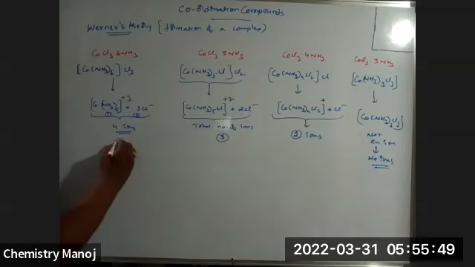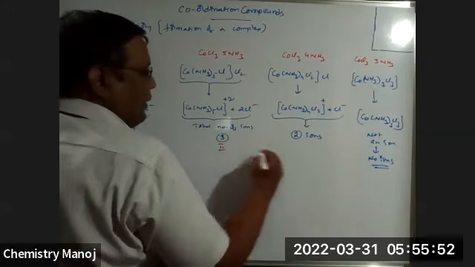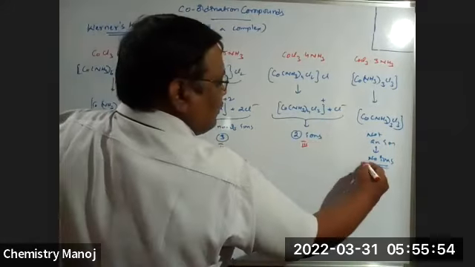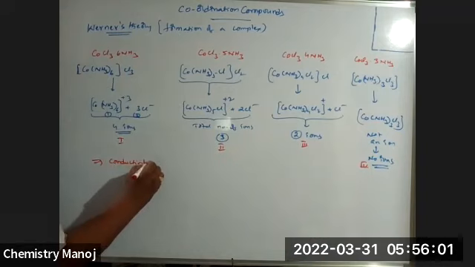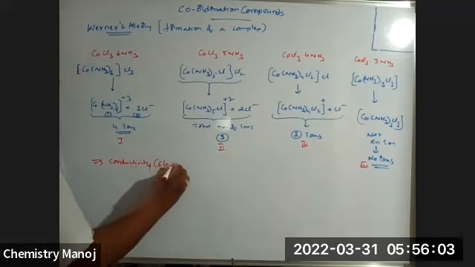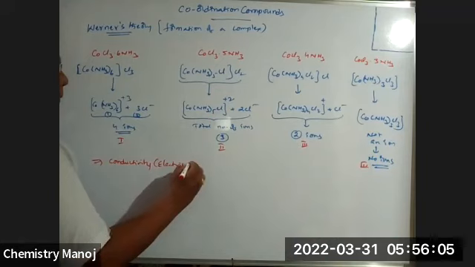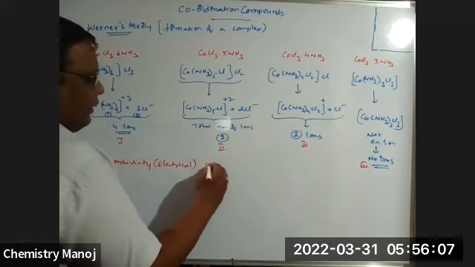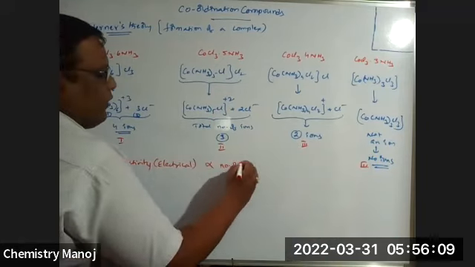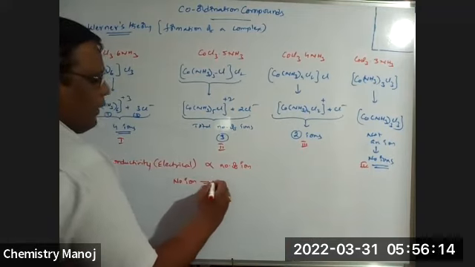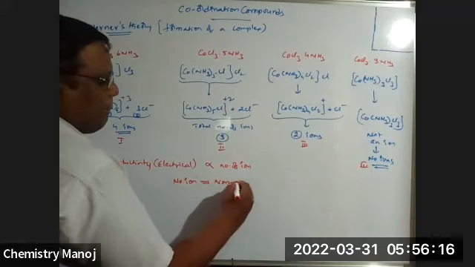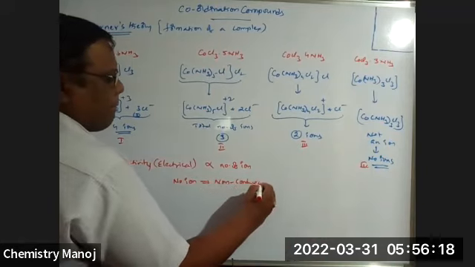So let us take this one as first complex, second complex, third complex, fourth complex. Electrical conductivity is directly proportional to number of ions. No ion, it is a non-conductor, my dear.